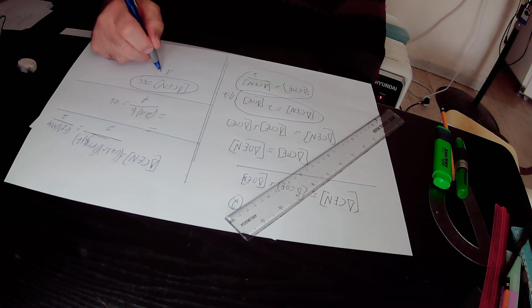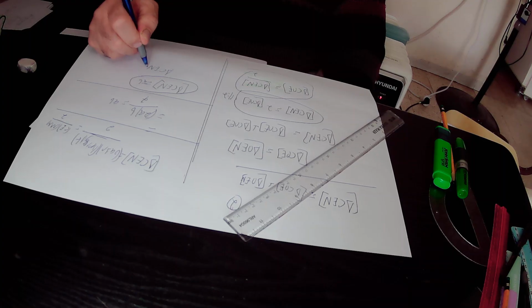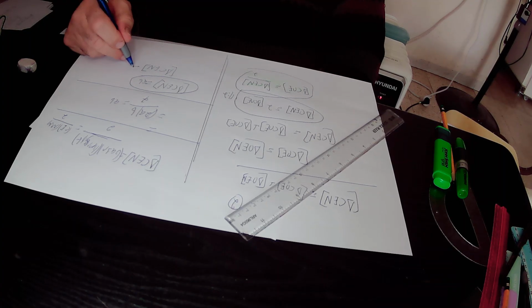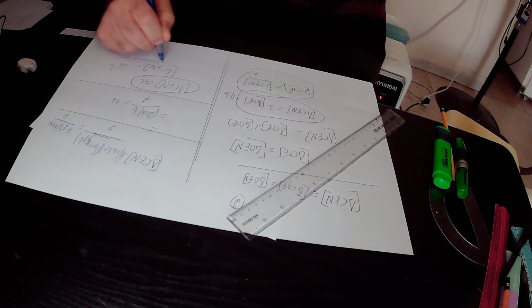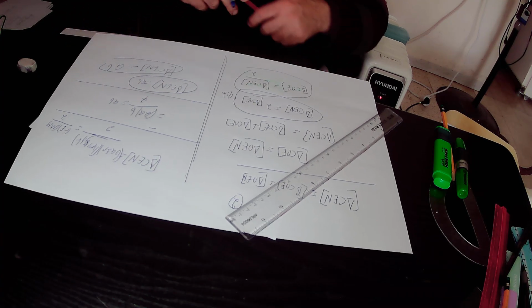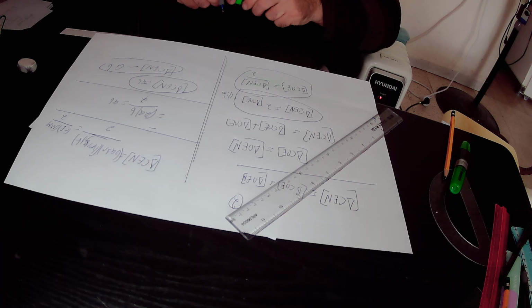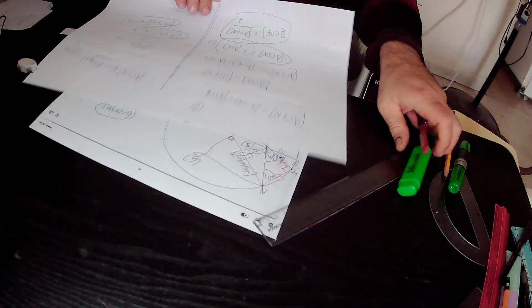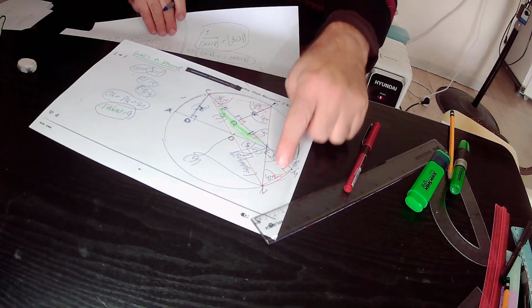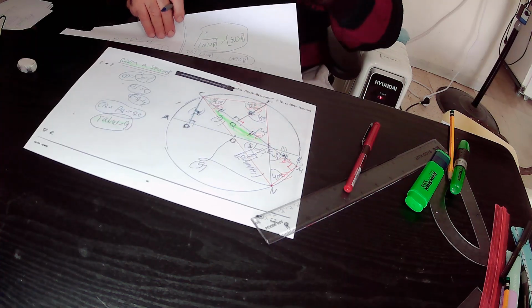Again, the area of this big triangle CEN is equal to A times B square units.